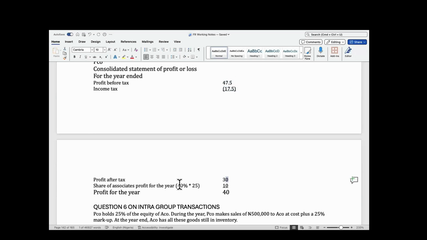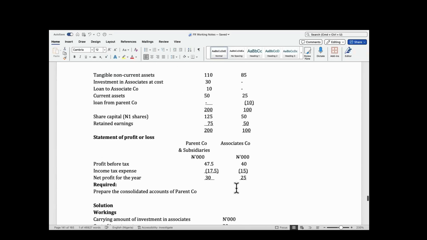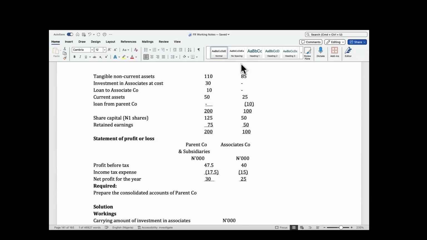Then I take my share of profit of associates, which is 40% of 25. I add that to the group profit, and that's 40. It's no more. If you understand this one, you understand everything associate has to offer. This teaches you the very foundation of it.